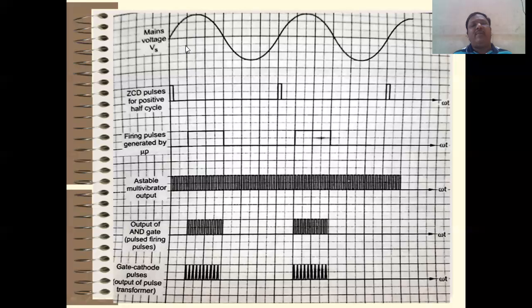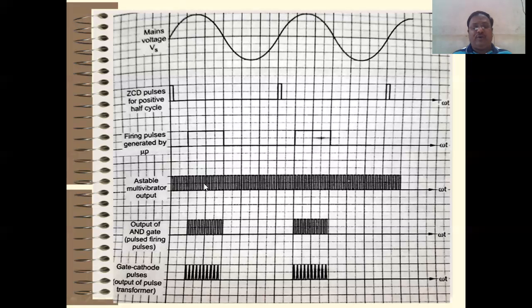So approximately 30-degree. So 30 and 30, that is 60-degree. So triggering pulses are applied here after 60-degree. These triggering pulses are generated by the microprocessor, and again fed to the 8255, right?